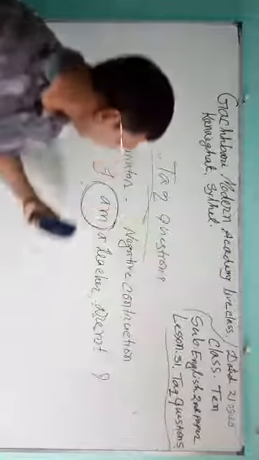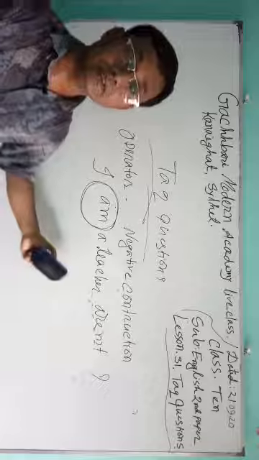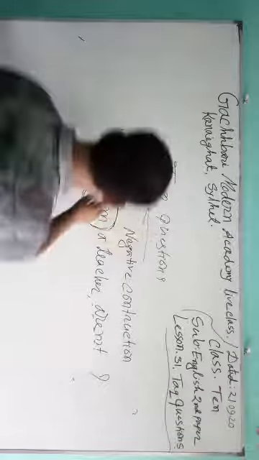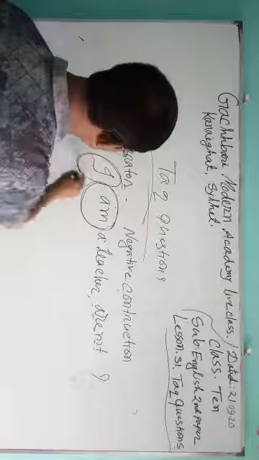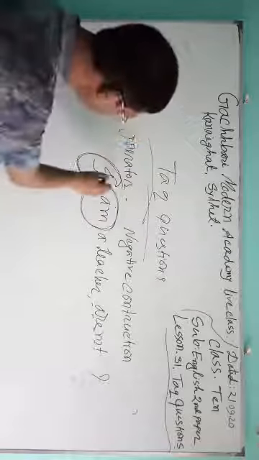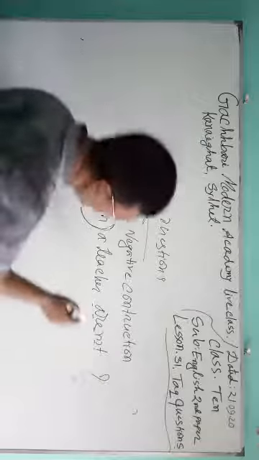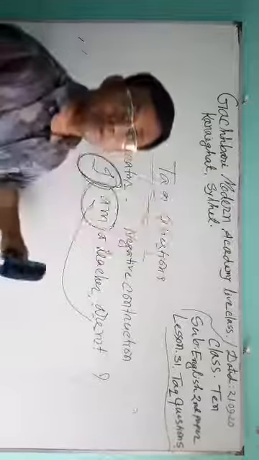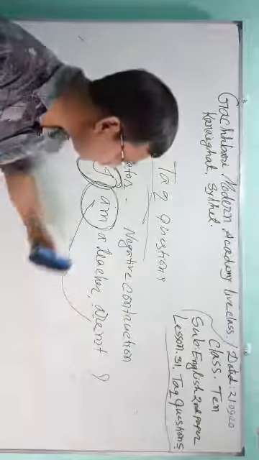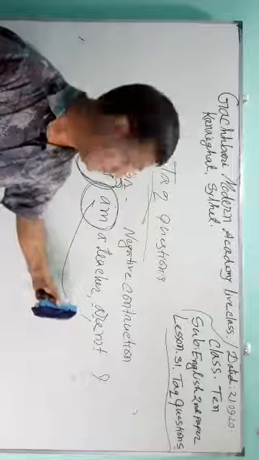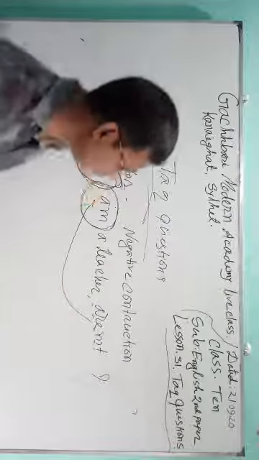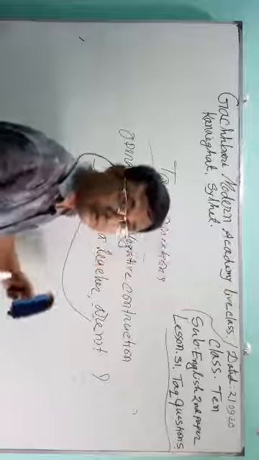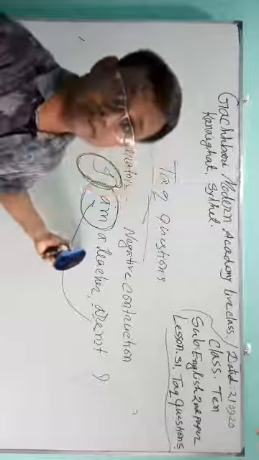Now you have to write the subject. Here the subject is the pronoun I. Am is equal to aren't, and the subject I comes after it. And you have to set not, because this is an affirmative sentence.